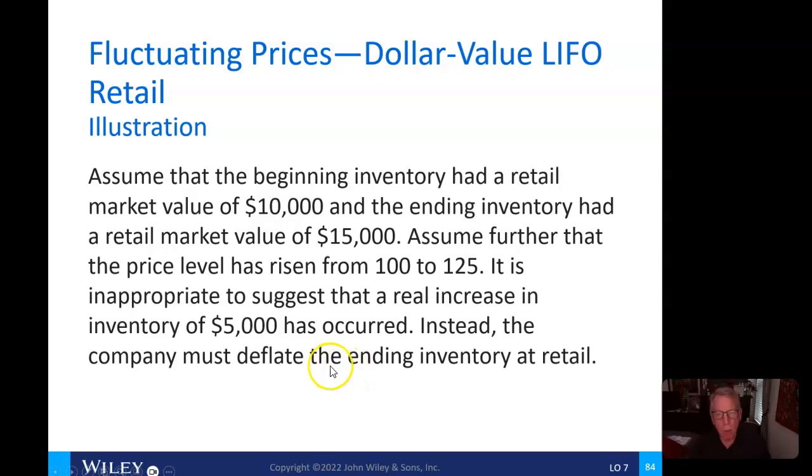It's inappropriate to suggest that the real increase in inventory was $5,000 because the price of that inventory level has gone up 25%. So the company must deflate the ending inventory at retail.